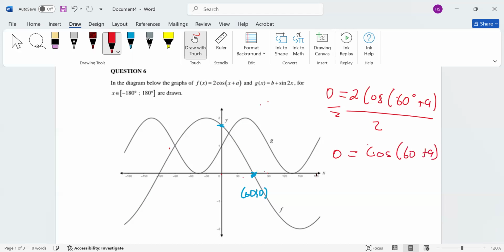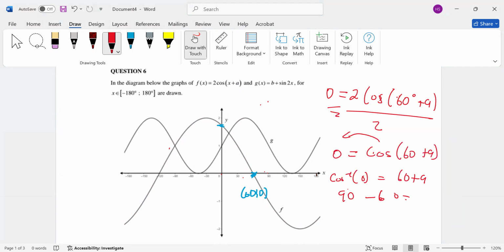Then cos inverse of 0 is 90, so 90 equals 60 plus A. Then minus 60, so A is going to be 30 degrees.